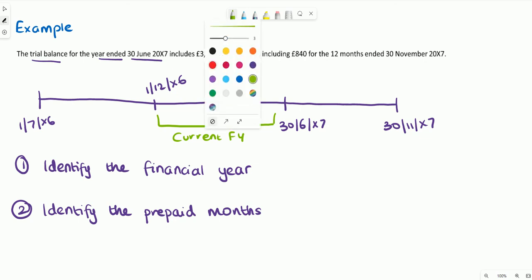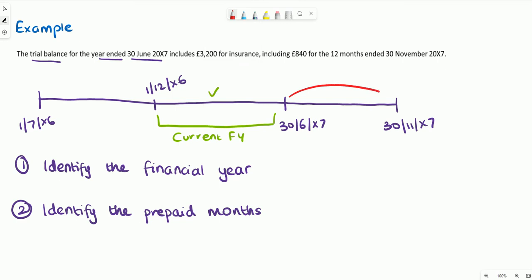However, this part, from July x7 till November x7, that's about 5 months here. So from July till November.